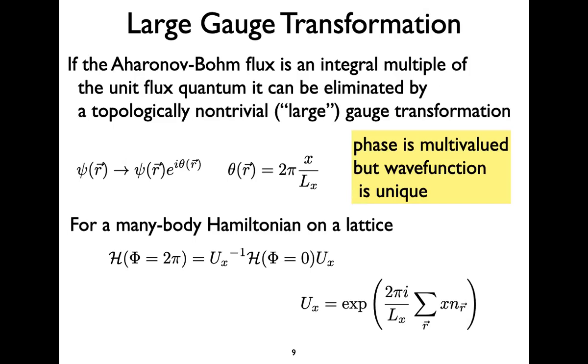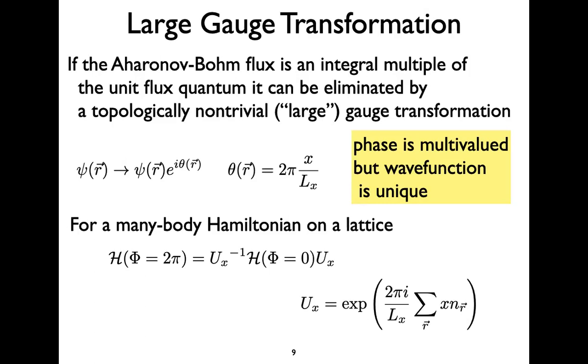So this equivalence is actually understood in terms of a particular type of gauge transformation. At 0 flux, you have 0 vector potential, but at 2 pi flux, you have non-zero vector potential. But these two different configurations of vector potential represent the same physical situation, at least within the colored region. And that can be seen by doing the gauge transformation.